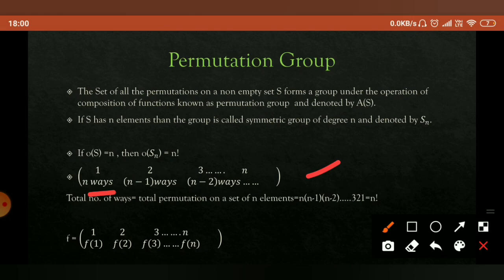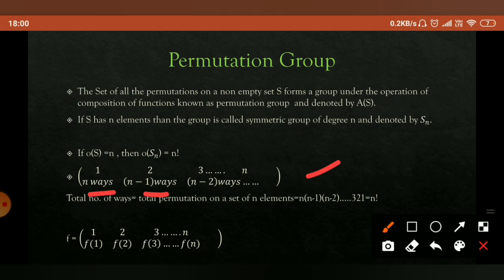And if one element is attached, then we are left with n minus 1 elements, because we have to maintain the 1-1 condition, that the permutation should be 1-1. So the other element, that is 2, has n minus 1 ways of writing its image. And when two elements are written, then for the third we will have n minus 2 ways. In this way we will know in how many ways this function can be written.